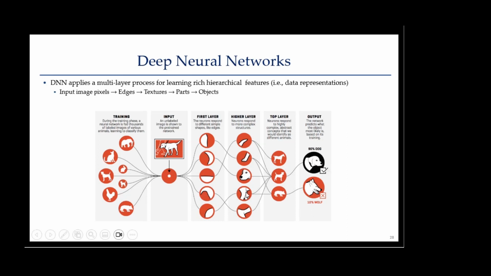The second hidden layer combines those edges together to produce some kind of texture or partial object parts, while the top layer produces the full object estimate, which can come with different probabilities. And the final decision, of course, will go to the best probability of the output.